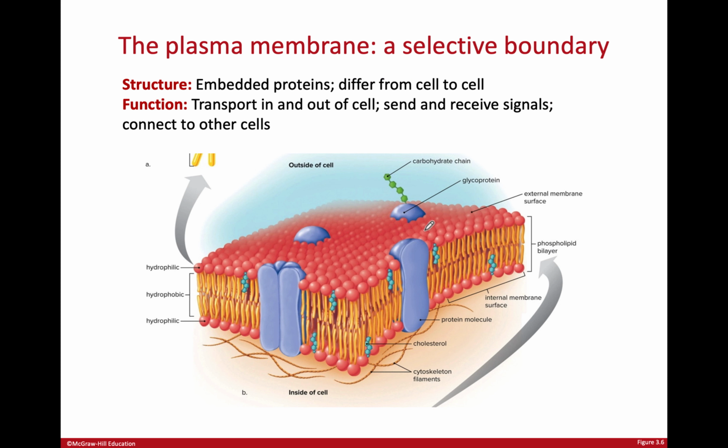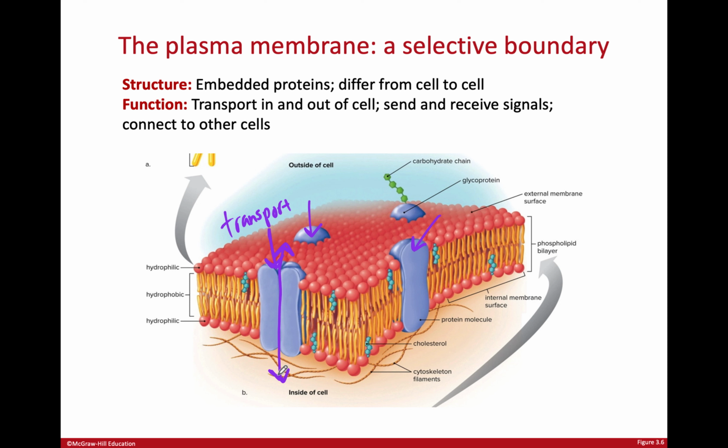There are also embedded proteins, so that's these big purple structures. They differ from cell to cell, and that dictates a lot of the cell function. So which proteins they have in the membranes allows them to do different things. So this one here in the front left looks like a transport channel to me. So it looks like it probably lets molecules in or out of the cell.